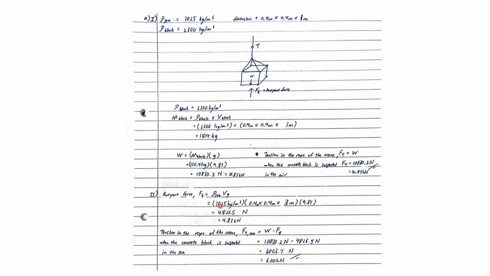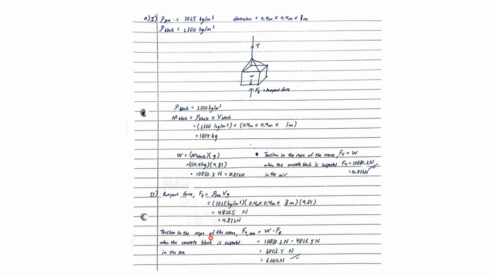For the condition of being immersed in the water, we have to include the buoyant force, which equals the density of water times the volume of the block times the gravitational acceleration. And here's the buoyant force.